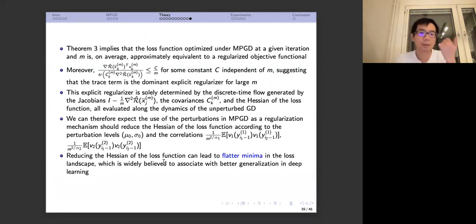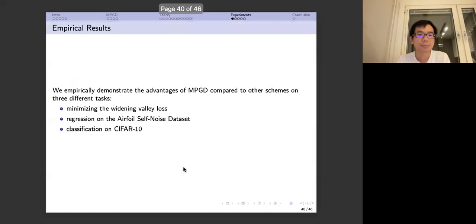This means that reducing the Hessian of the loss functions can lead to flatter minima in the landscape, which is widely believed to be associated with better generalization. So from this point of view, we see that MPGD is better than GD in this sense.